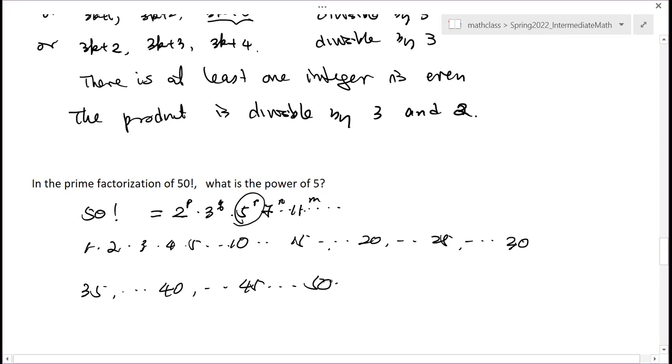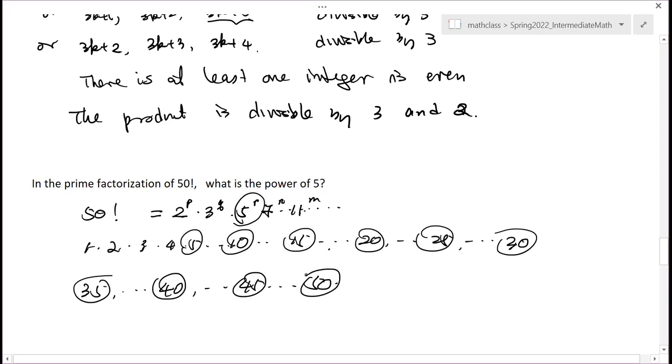Okay, so those integers contain a factor 5. Can you figure out how many of them there are right now? Collect them together.